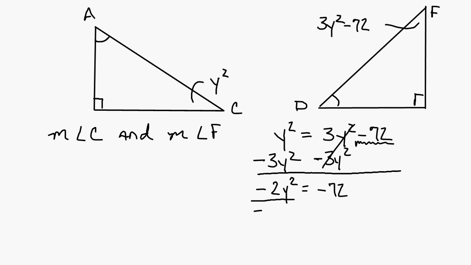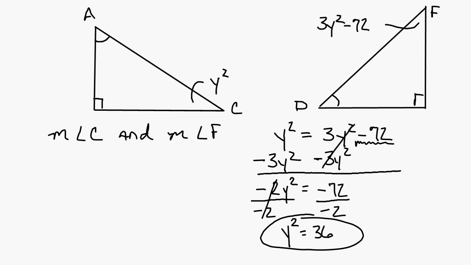Divide both sides by negative 2. The negative 2's cancel out. So y squared equals 36. Now, if y squared equals 36, and you need to solve for y, you find the square root of both sides. That is the technique to remove an exponent of 2, is to find the square root of it.